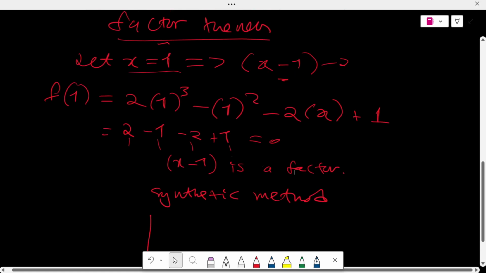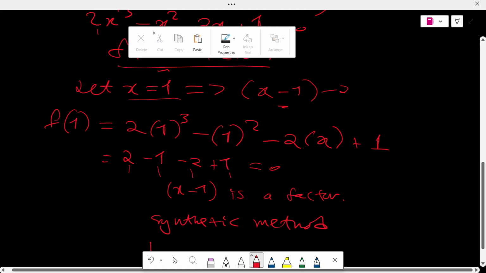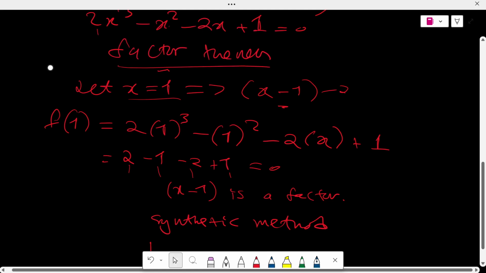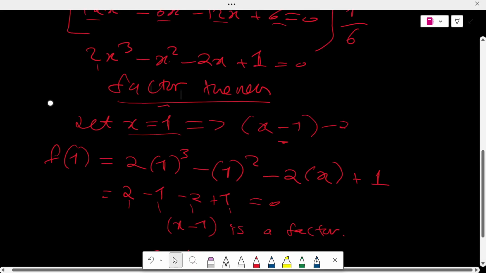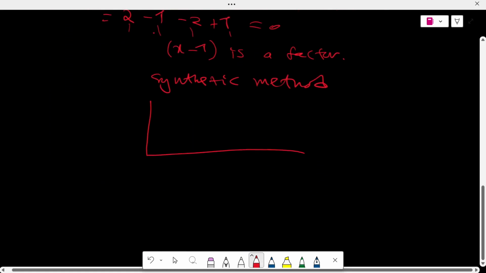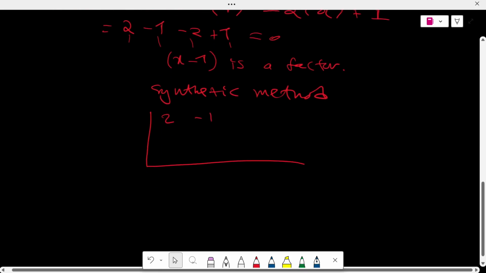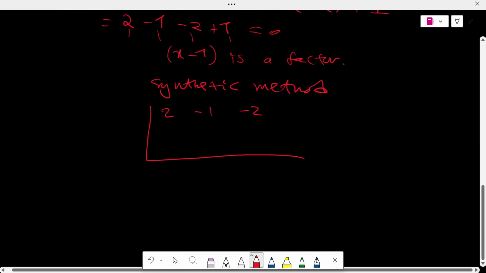Its powers are 2, and then we have negative 1, then we have negative 2, and then we have 1. What else do we have? We also have negative 2.